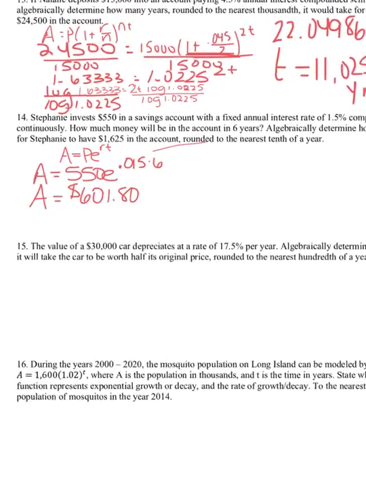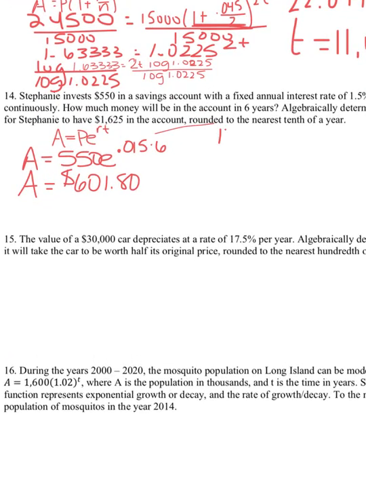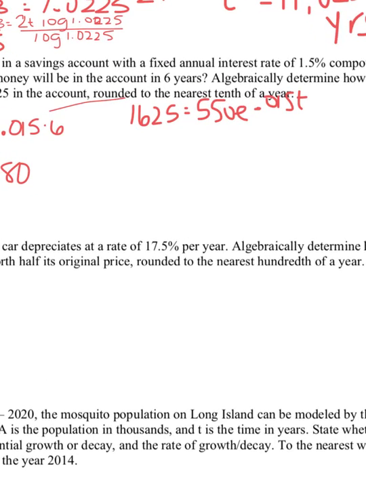How long will it take to have 1625 in the account? So 1625 equals 550e to the 0.015t. Divide by 550, and you get 2.95454 equals e raised to that exponent.